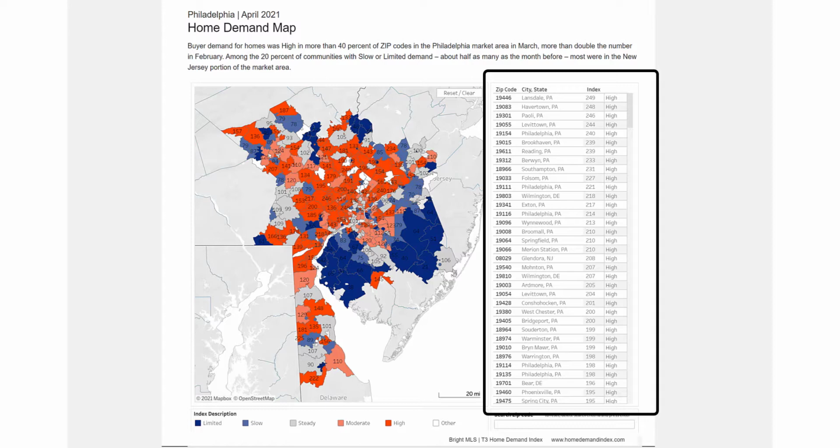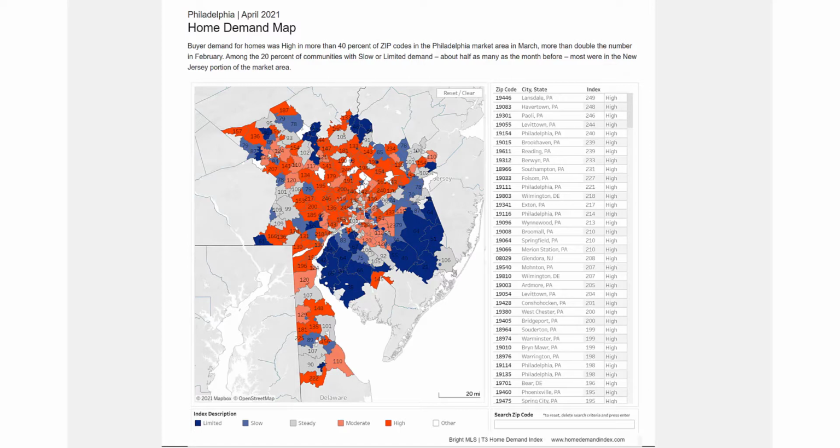So my mind immediately went to using that information in your prospecting efforts. If you're wanting to reach out to potential sellers, to create inventory, and to share this vital information for demand, you could do a screen grab, or pop those zip codes or their corresponding cities into Remine or Bright's public records to create labels.